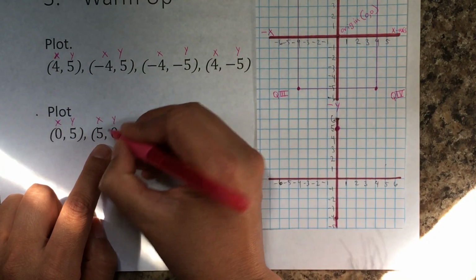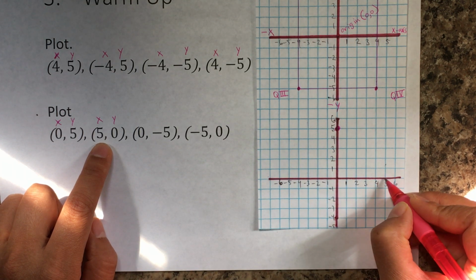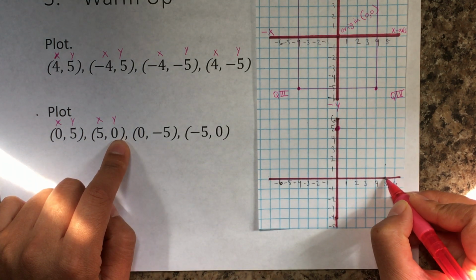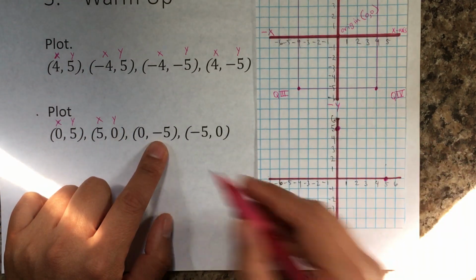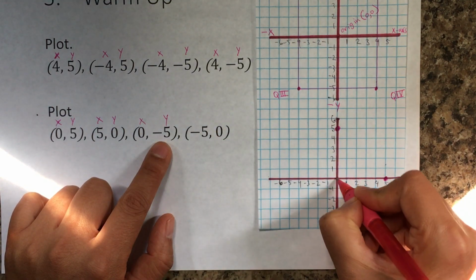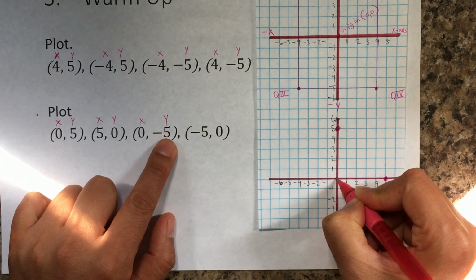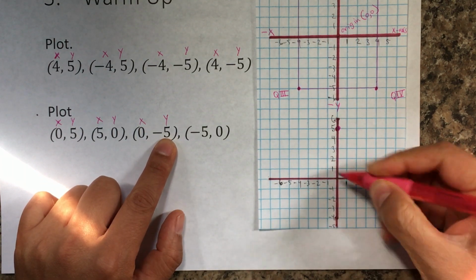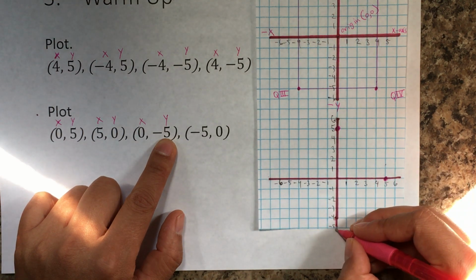Then in here, I move on X, 5 spaces, 1, 2, 3, 4, 5, but then I don't move on Y because it says 0, so that's the second point. Then it's 0, negative 5. I don't move on X, either left or right because it's 0, and then negative 5 on Y it's going to go down. So 1, 2, 3, 4, 5, it's right there.